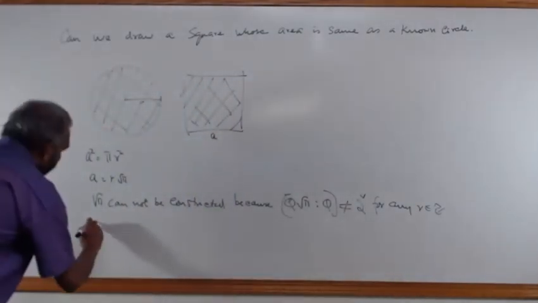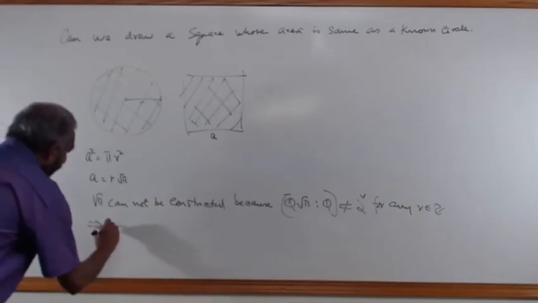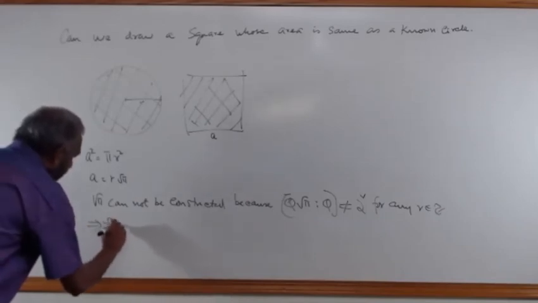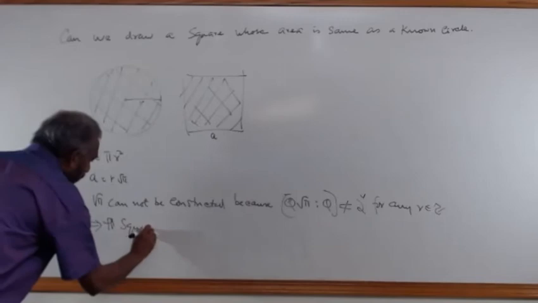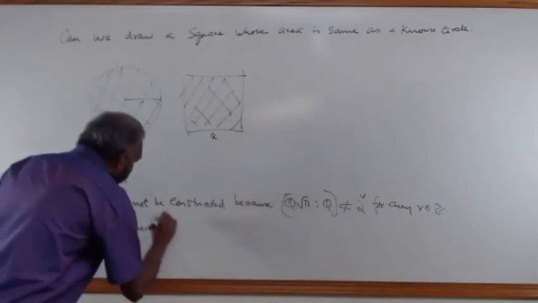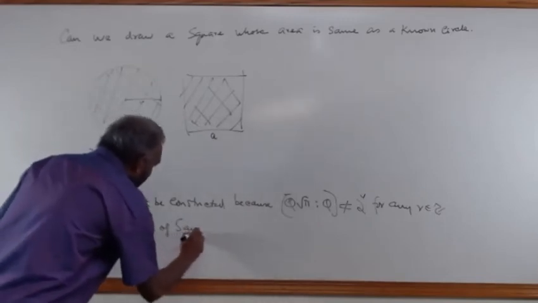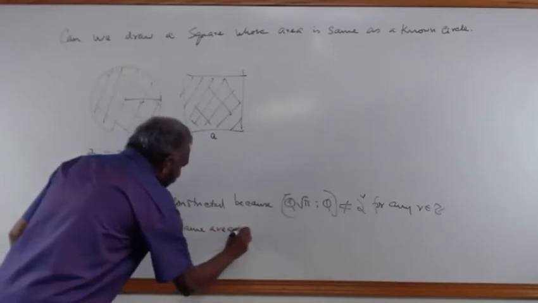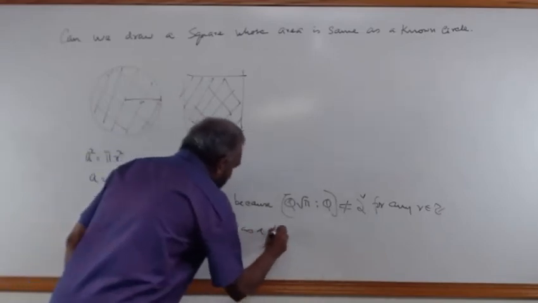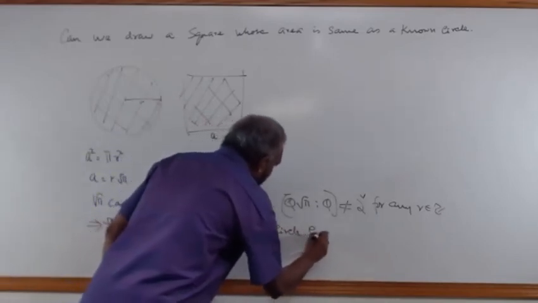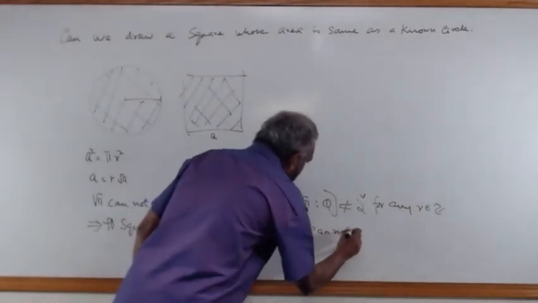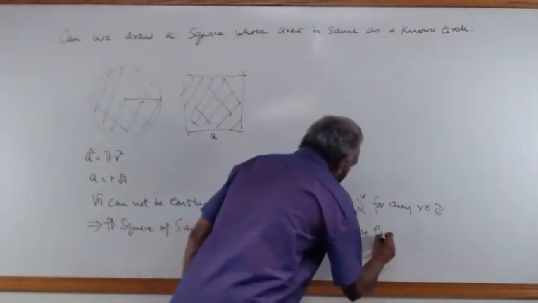So that means a square of the same area as a circle cannot be constructed.